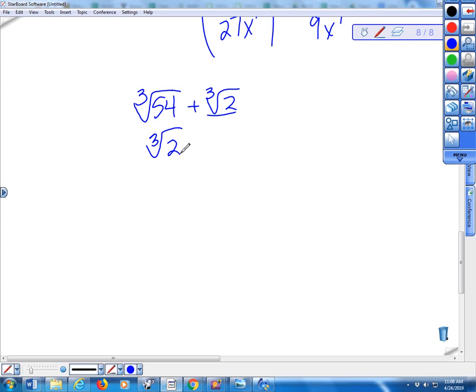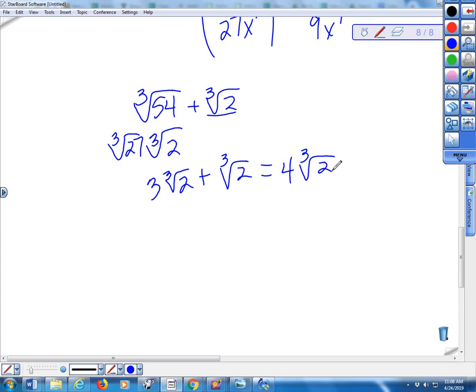So if I factor a 2 out of 54, I'm left with the cube root of 27. And the cube root of 27 is a perfect cube. So this is 3 cube roots of 2 plus 1 cube root of 2, a total of 4 cube roots of 2. Questions on that one? Okay.